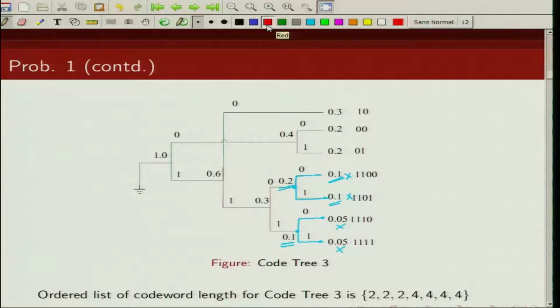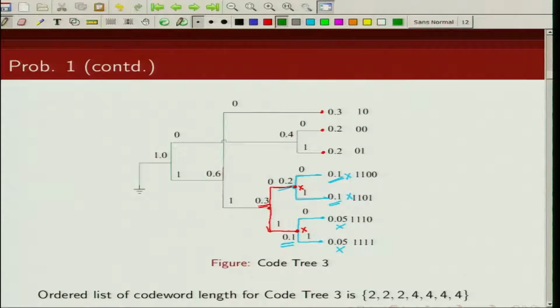At this point our active nodes are one with probability 0.1, three with probability 0.2, and one with probability 0.3. I combine the 0.1 with any of the nodes which has probability 0.2, in this case this one. What I get is a new node with probability 0.3, and I deactivate these nodes.